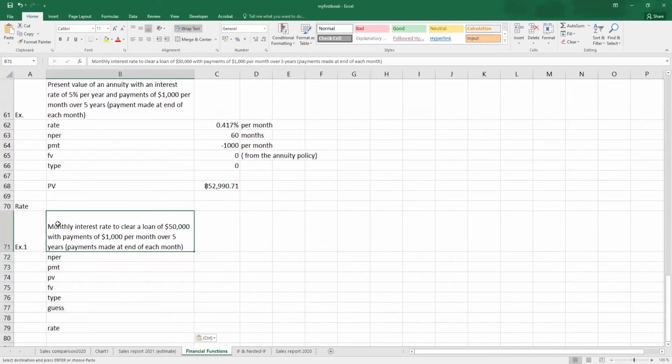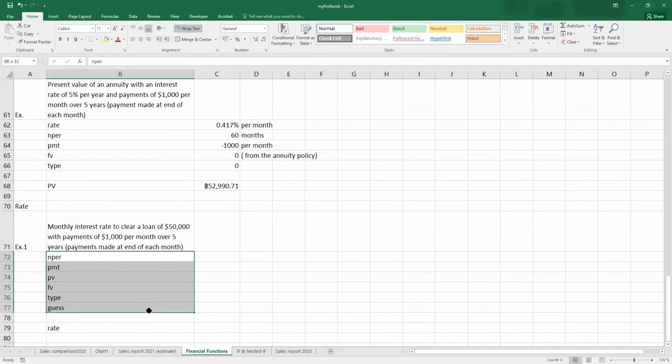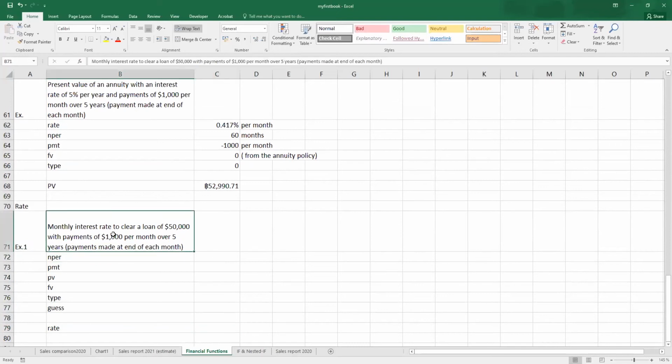That means when you answer, you have to answer as the monthly interest rate. If you set up all the arguments properly, the interest rate returned to you will be the monthly interest rate already.